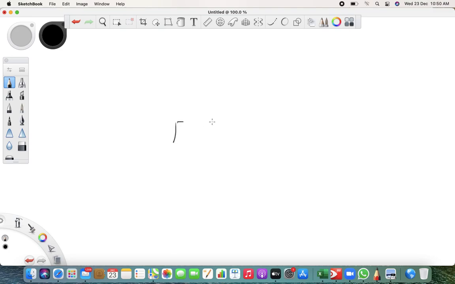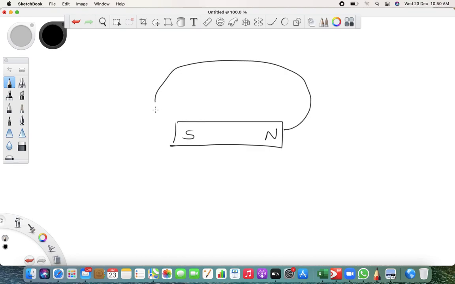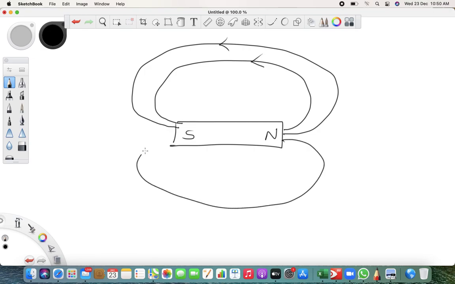So it looks like this. This is your north pole, this is your south pole, and the magnetic field lines are like this. They come out of north and go into the south. So magnetic field works like this.